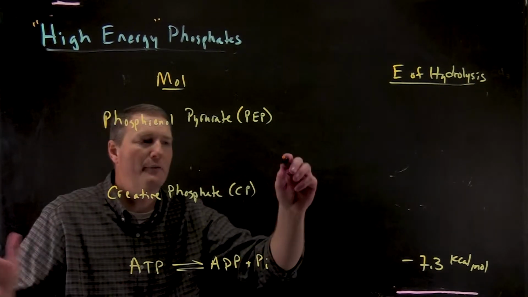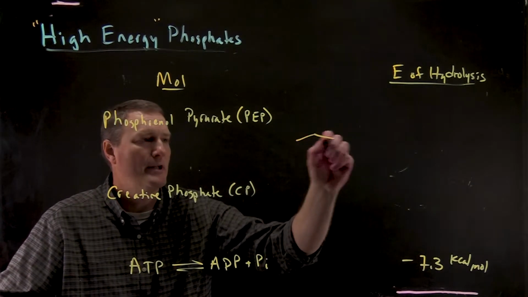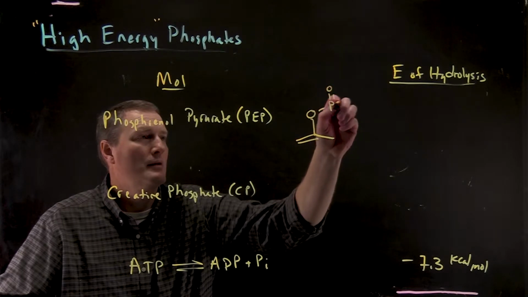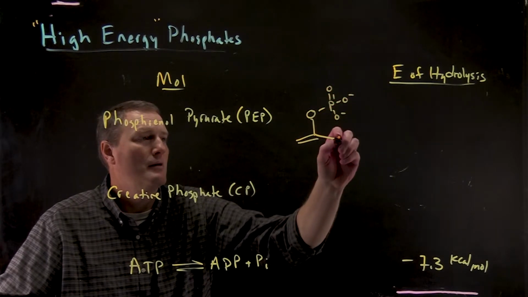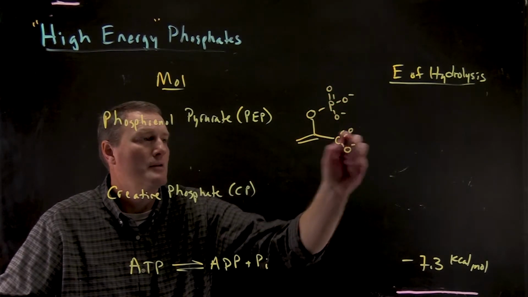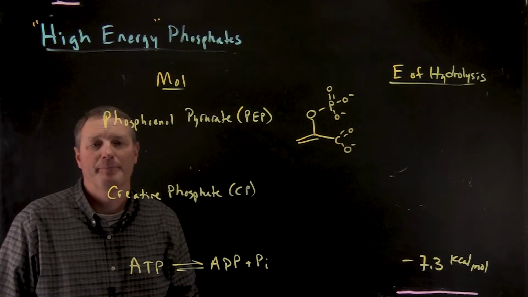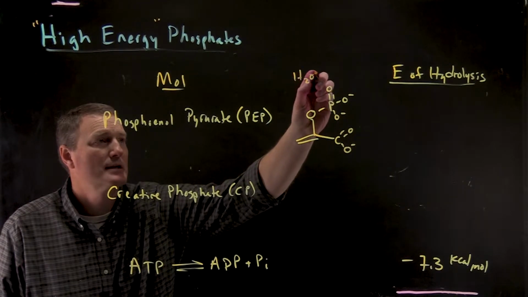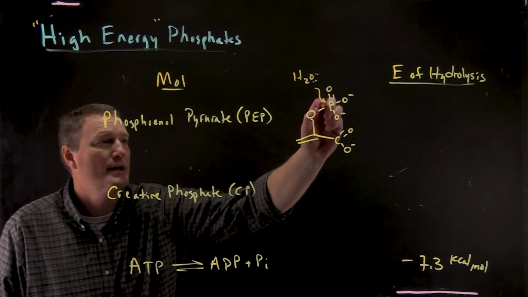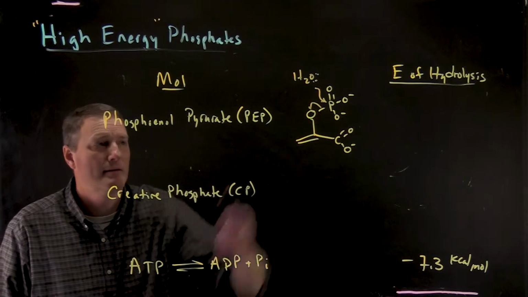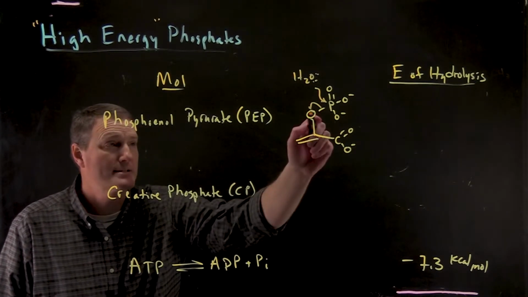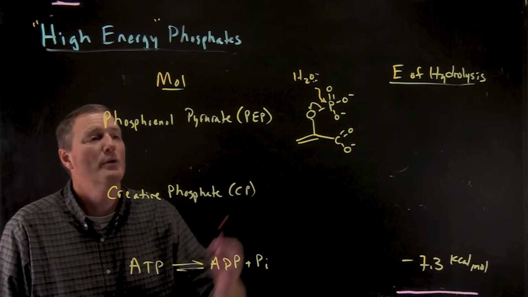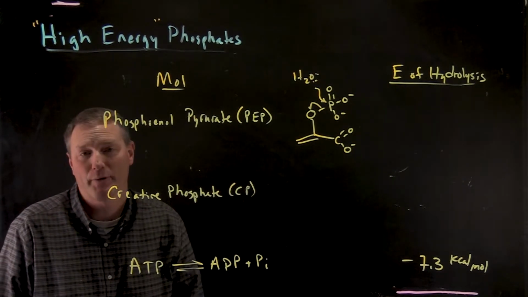Let me just quickly draw out the structure of phosphoenol pyruvate. Okay, so this is the structure of PEP. So if this phosphate here is hydrolyzed, so we break this off, we release this phosphate bond, or this is actually a phosphoester bond, we will convert PEP into the molecule called pyruvate.